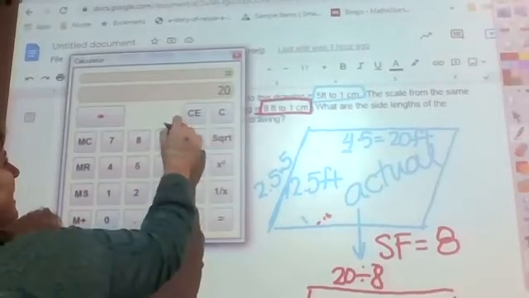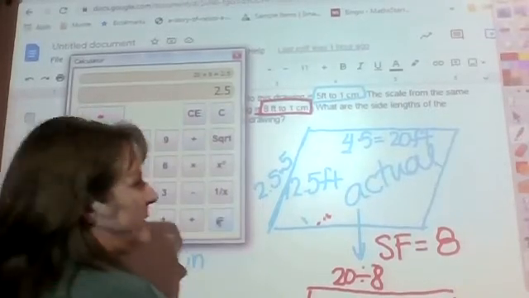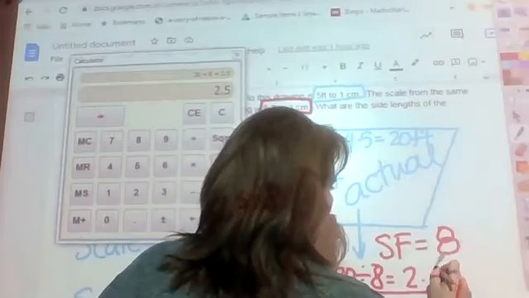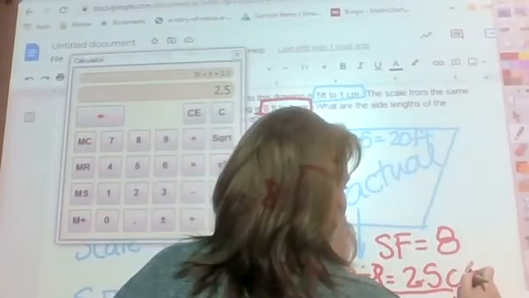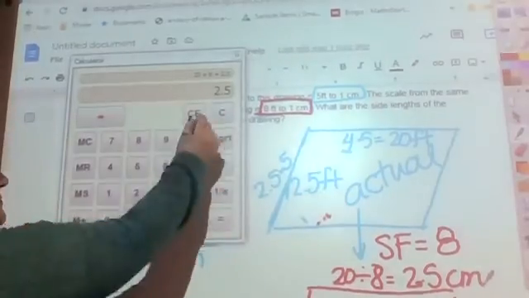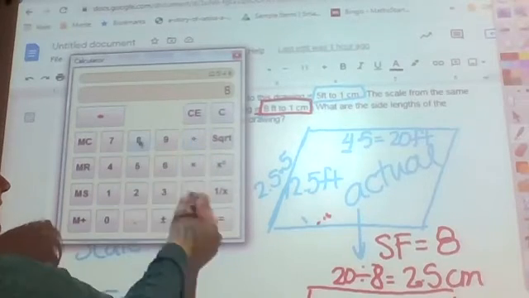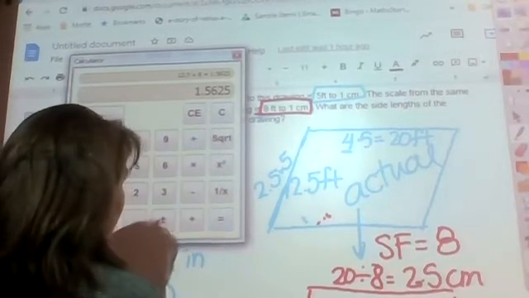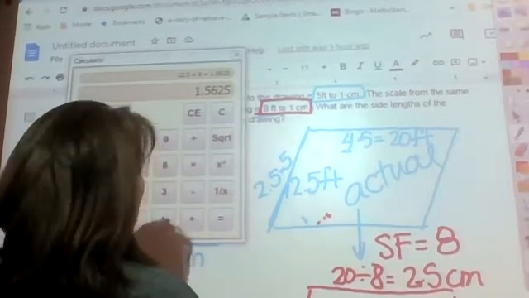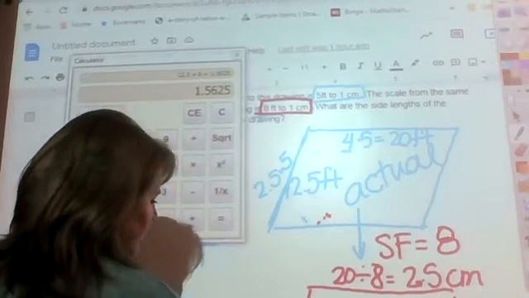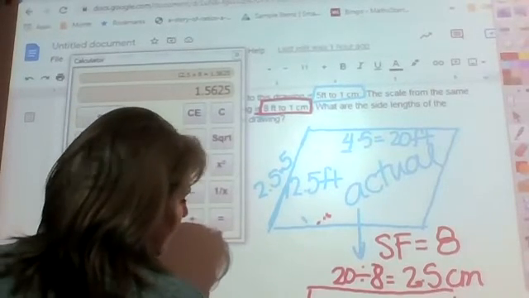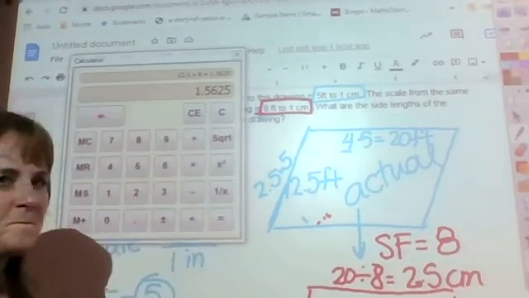So 20 divided by 8 comes out to be 2.5 centimeters. Okay, this one, 12.5 divided by 8 comes out to be 1.5625 centimeters.